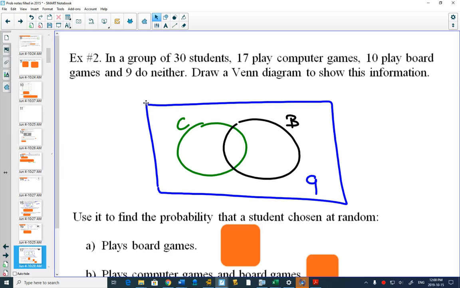Why? Because it says 9 do neither. So they can't be in either of those circles, but they're still part of the 30 students. What number can you fill in next, and why?